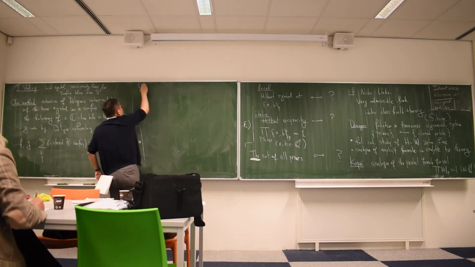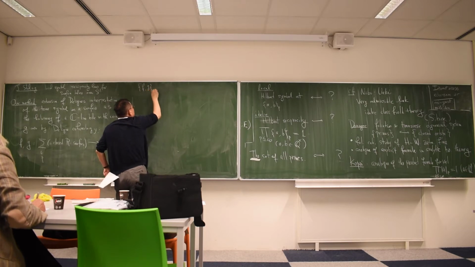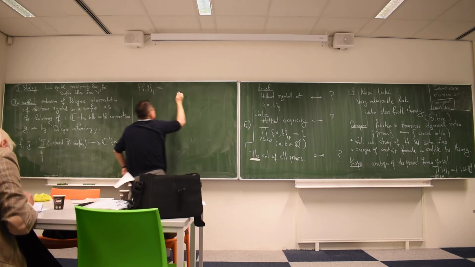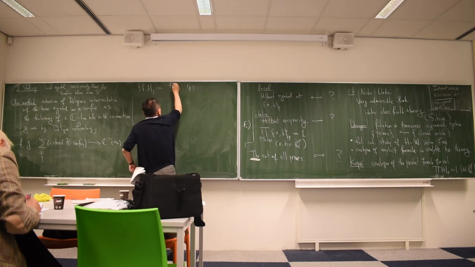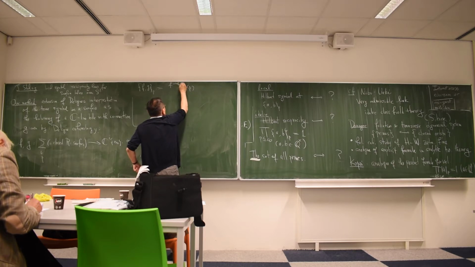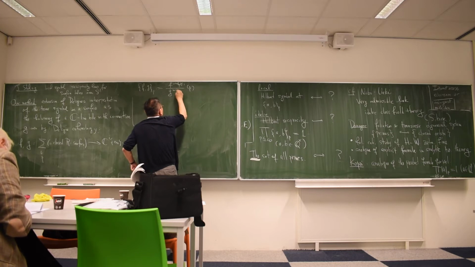Then the tame symbol is defined by the ratio of the value at P of f to the power of the order of g at P, divided by g to the power of the order of f at P.